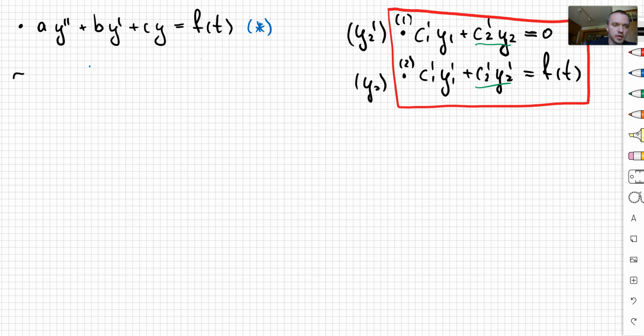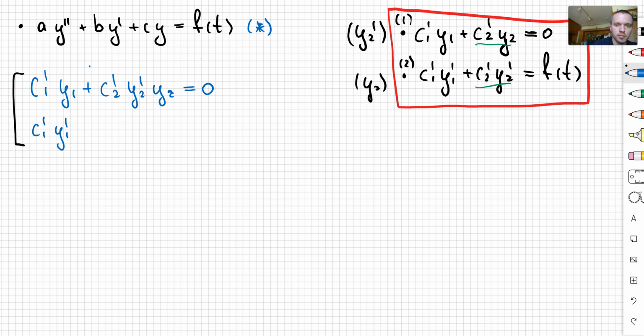So what I'm going to obtain is the following. I will have c1 prime y1 plus c2 prime y2 prime y2 is equal to 0. And then for the first one, I will have c1 prime y1 prime y2 plus c2 prime y2 prime y2 is equal to f of t times y2.